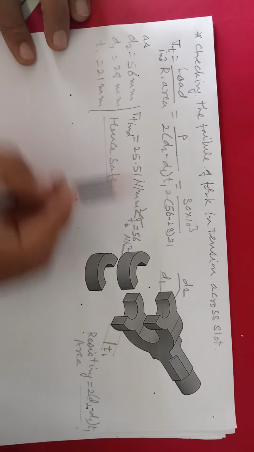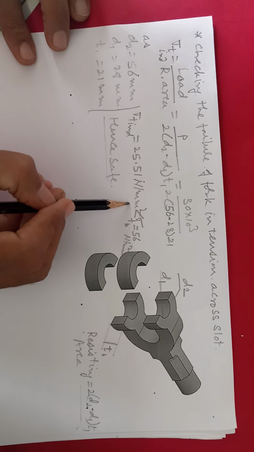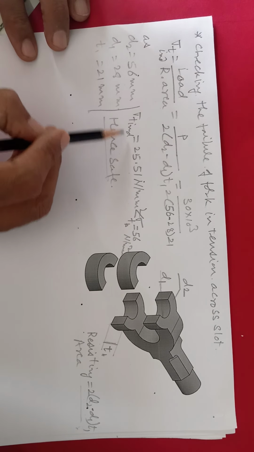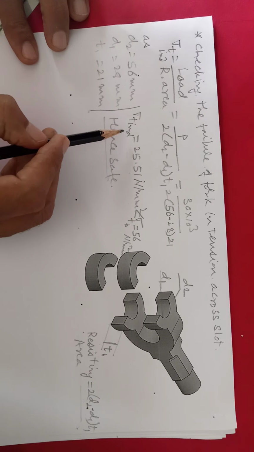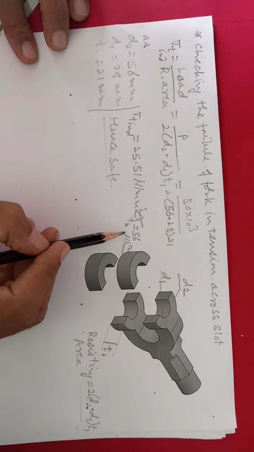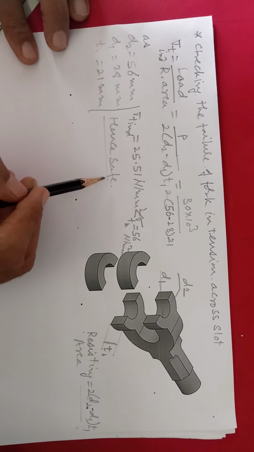That comes out to be 25.51 Newton per mm square. As the tensile stress induced is less than sigma permissible in tension, 56 Newton per mm square, hence it is safe.